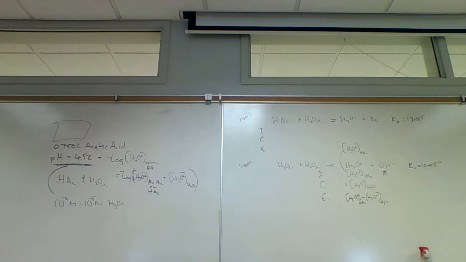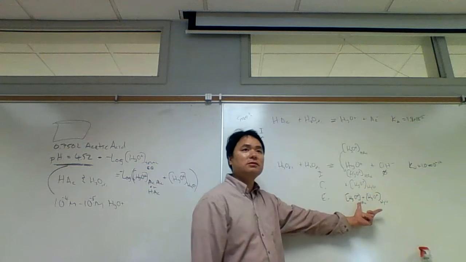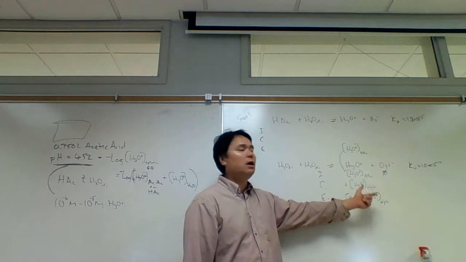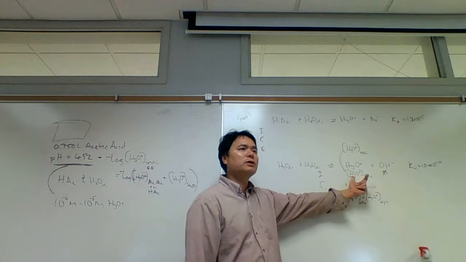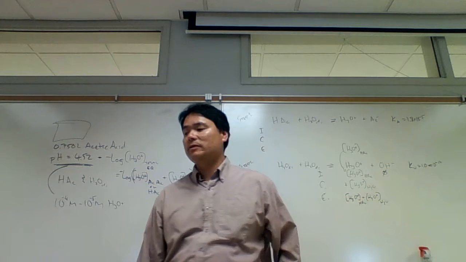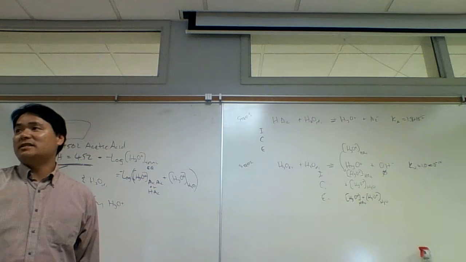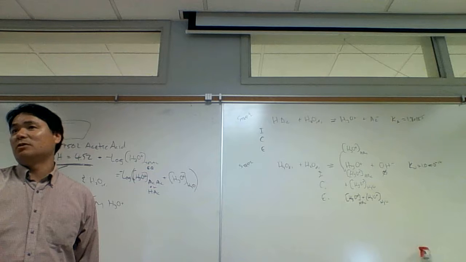What is the most we can generate from Kw? It can't go above 10 to the minus 7. If this were 0 and 0, I'd get 10 to the minus 7 molar each. But since I already have a lot of hydronium present, I don't have to generate nearly as much. So the actual amount of hydronium I'm going to generate from water is going to be less than 10 to the minus 7 molar, more like 10 to the minus 8, 10 to the minus 9, 10 to the minus 10 molar.